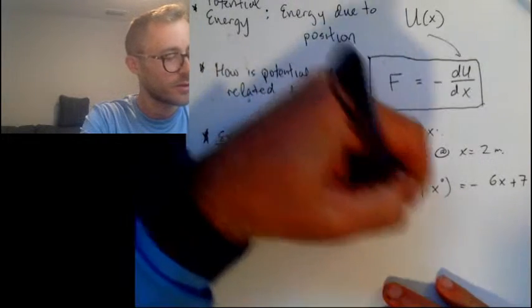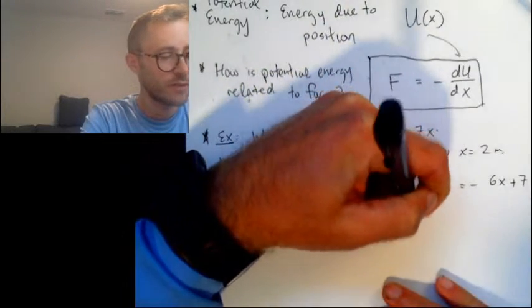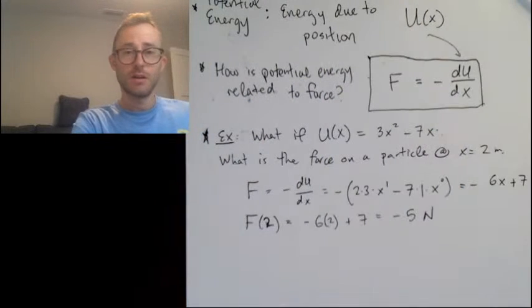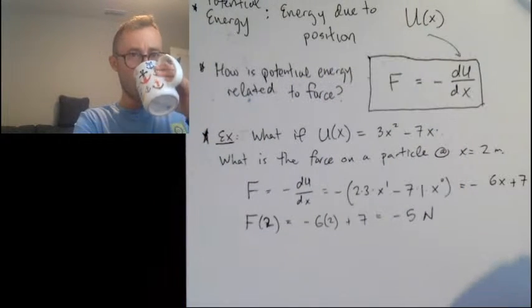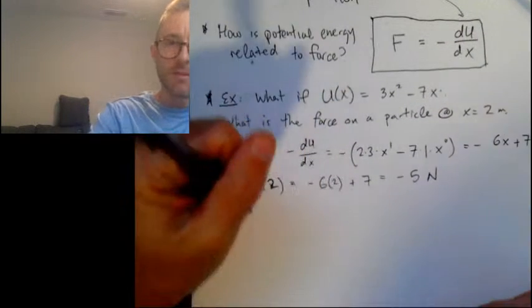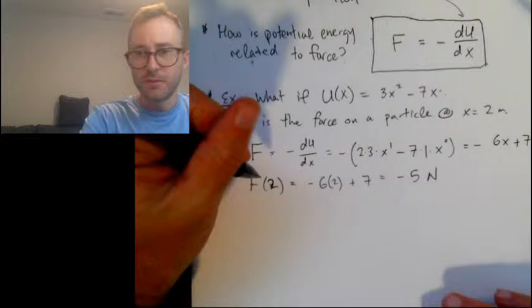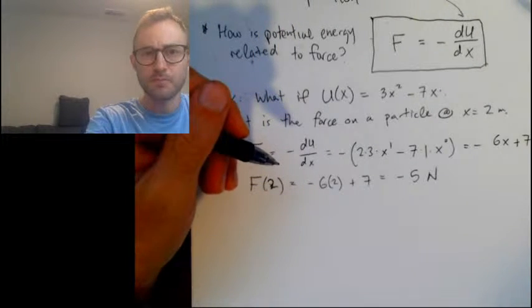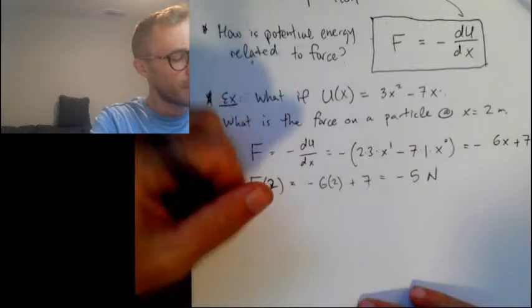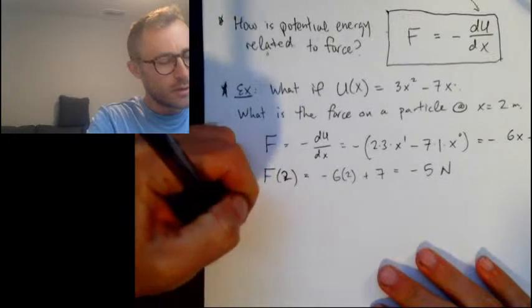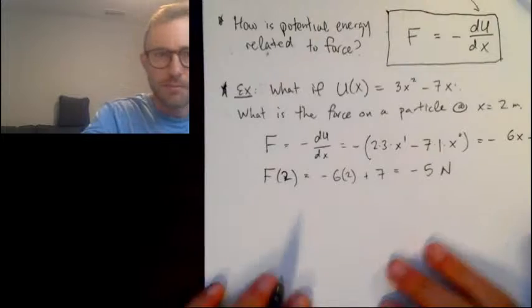Okay, so that would give us a force of minus 5 newtons, or 5 newtons in the leftward direction. All right, so that's very simple. And this works for at least 2 of the forces that we already know about. So, for example, actually, I'll come back to this later. Okay.